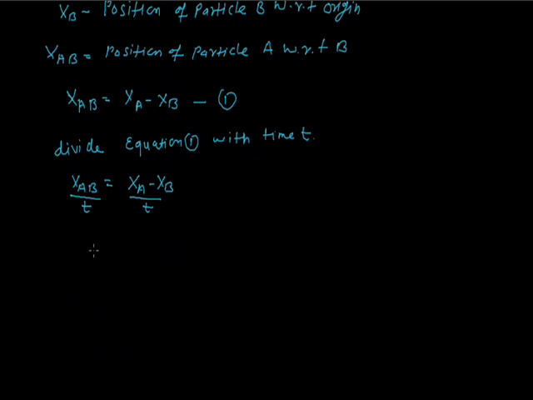So xab by t, xab is the displacement of A with respect to B, upon time. So displacement upon time is velocity. So xab by t can be written as vab. That is, vab is the velocity of A with respect to B, and that will be equal to Va minus Vb.